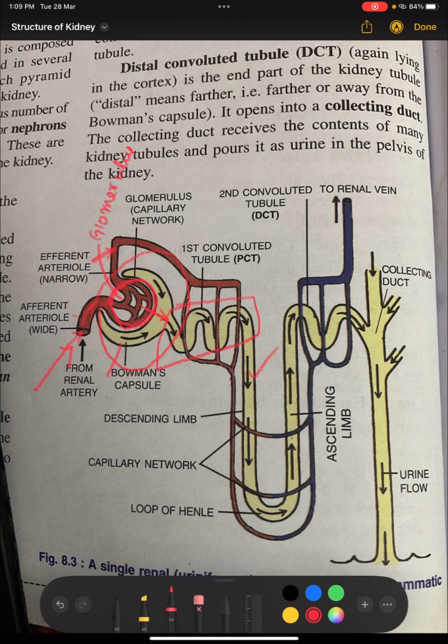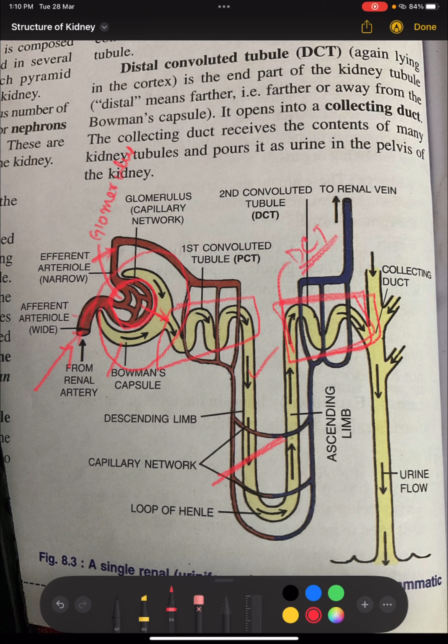Then this U-shaped loop, which lies in the medulla region, passes the filtrate, and here some of the reabsorption is also done, and then this part is again a convoluted region. This U-shaped loop of Henle is not convoluted, but this part is convoluted.